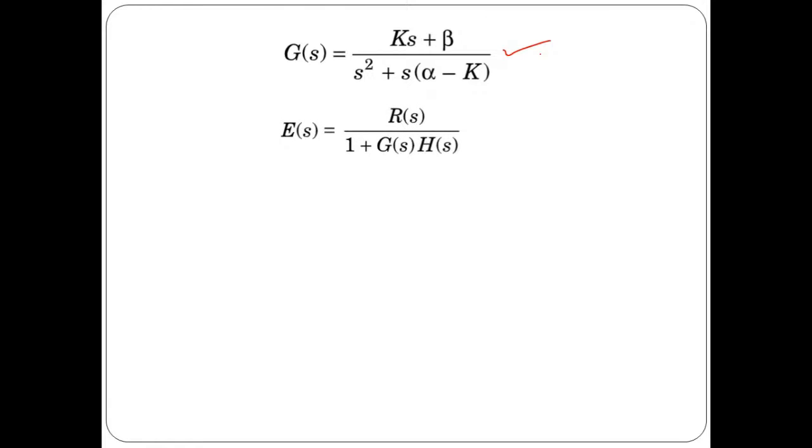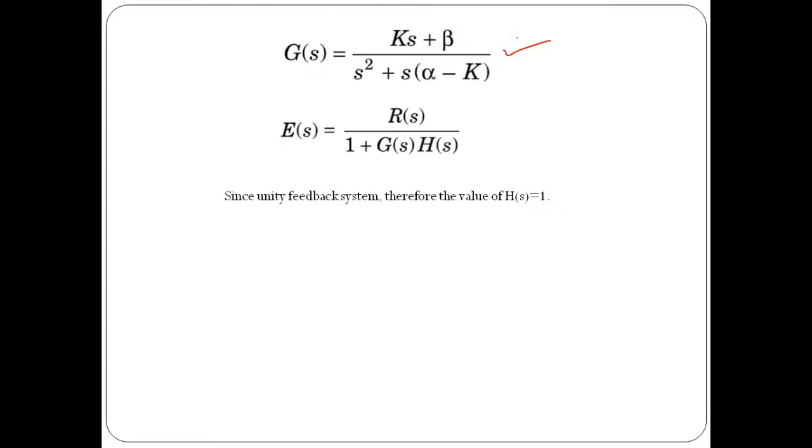And the moment we have the expression for G of s, it is very easy for us to find the value of steady state error. First we calculate the value of error signal, and then we can apply that logic to calculate the value of what? Steady state error. That's it. So we know that E of s is nothing but R of s upon 1 plus G of s into H of s. This we have already derived in our previous class.